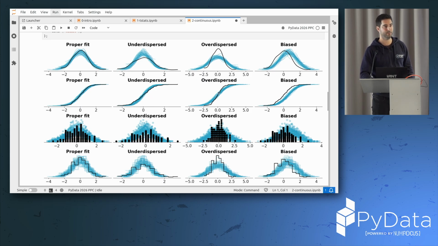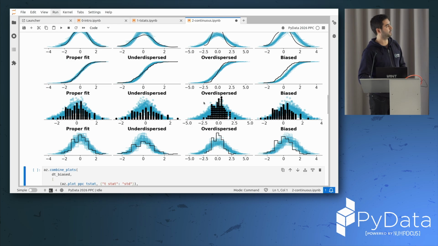Here it's more steep because it's over-dispersed, so the observations go faster from having no probability mass to having all the probability mass, and the bias is simply shifted, whereas these two are interpreted more or less the same as the KDE, but the histogram can be a bit hard to read because all the lines are squares, so it's not that easy to know which actually follows from the other.